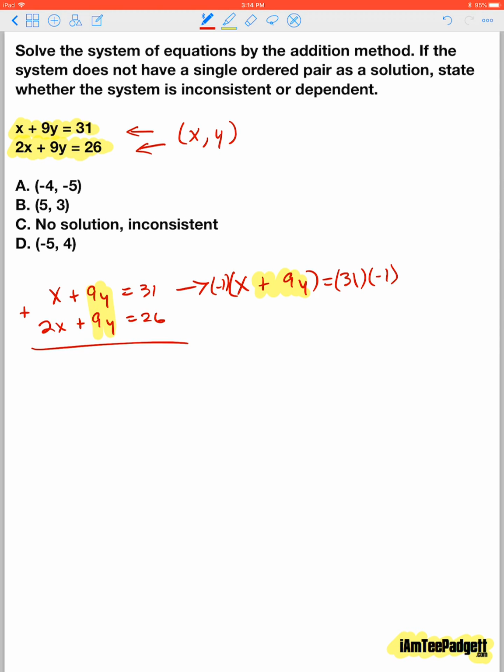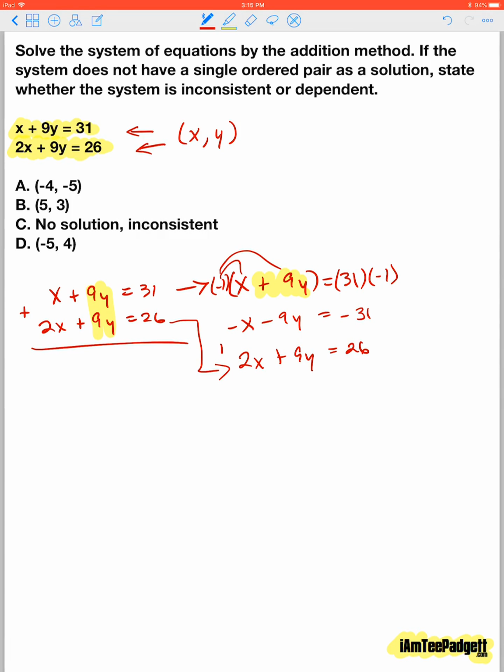Once we distribute the -1 through on both sides, we get negative x minus 9y equals negative 31. So we have the negative 9y that we needed. So what do we do now? We bring the second equation over, no changes: 2x plus 9y equals 26.